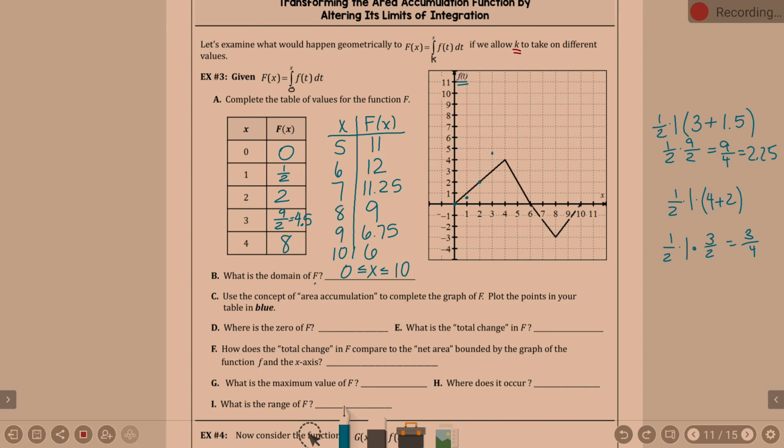Yeah, here's my blue that I'm using. 4, 8. 5, 11. 6, 12. 7, and this is where you don't necessarily have to graph the 7, but whatever. 8, 9. 9, 7.5. 10, 6. Okay. You got it?